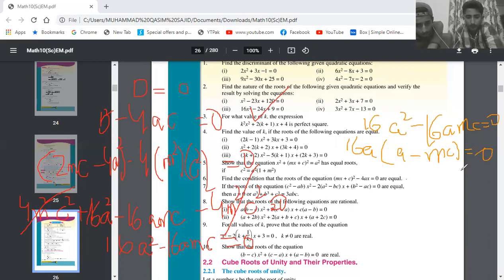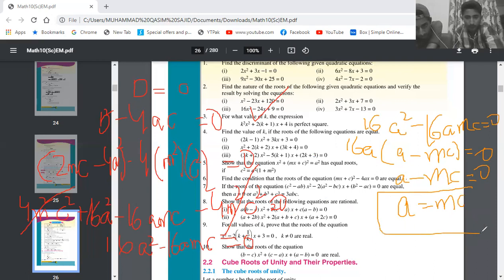Then 16 is divided out, so the equation must be a minus mc equals 0. So the condition is a equals mc. For this equation, that is the condition for the roots to be equal.